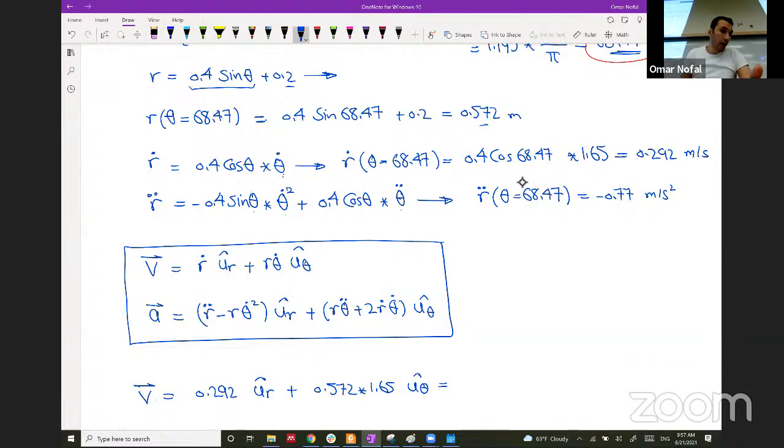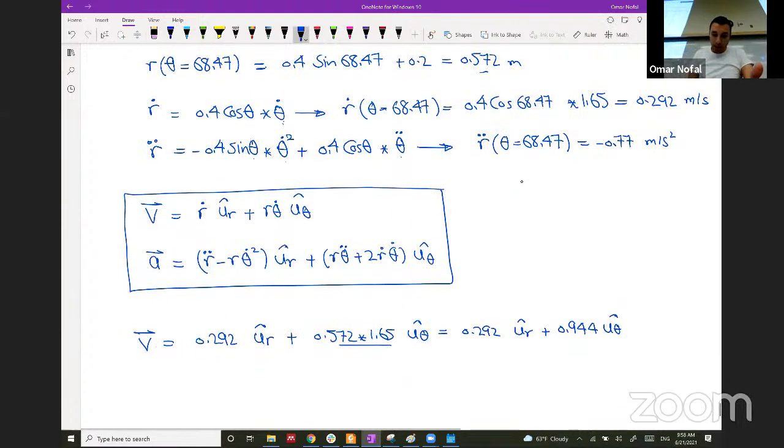So when you get the final answer, it will be 0.292 in the direction of the u r hat, and when you do this multiplication, it should give you 0.944 u theta hat.